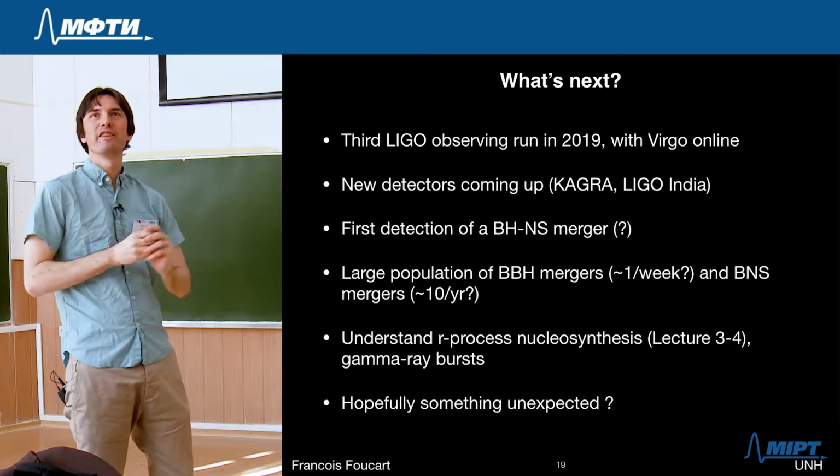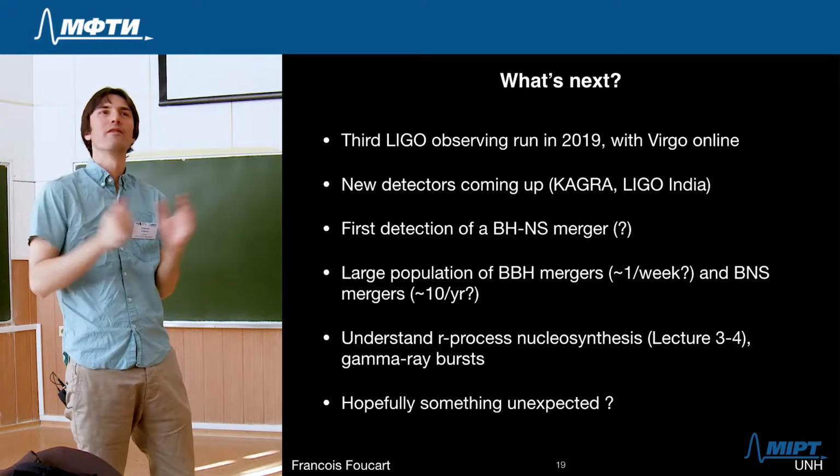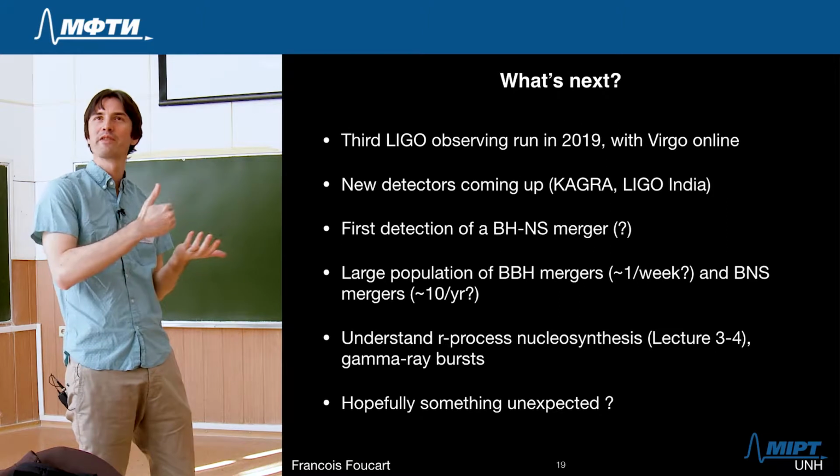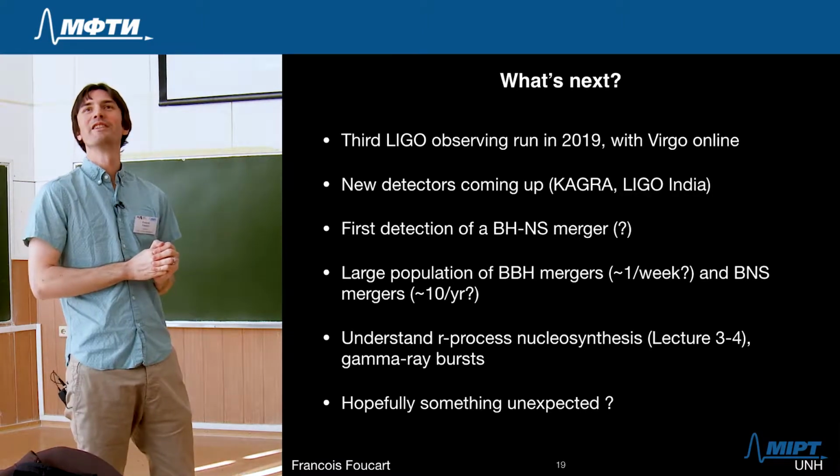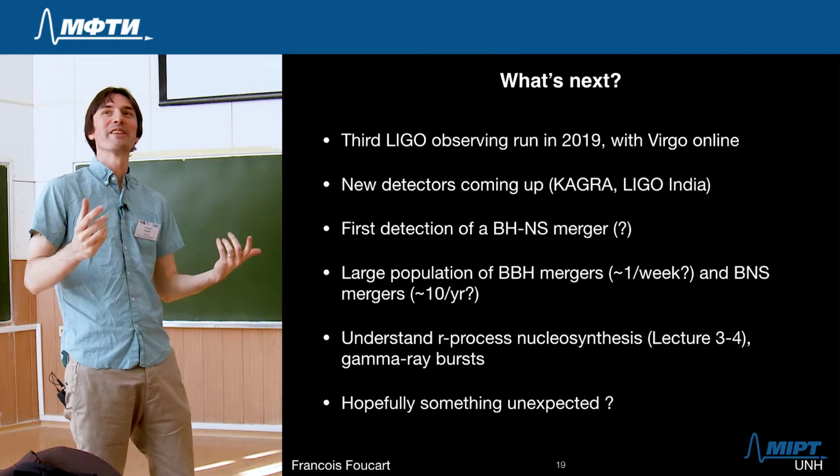And I say most likely because they had issues in the second round of LIGO observations with the low frequency part of the noise. They think that they have figured it out, but they will only know for sure when they turn on the detector.